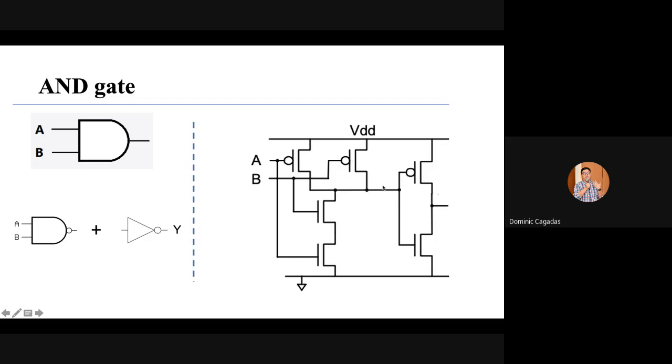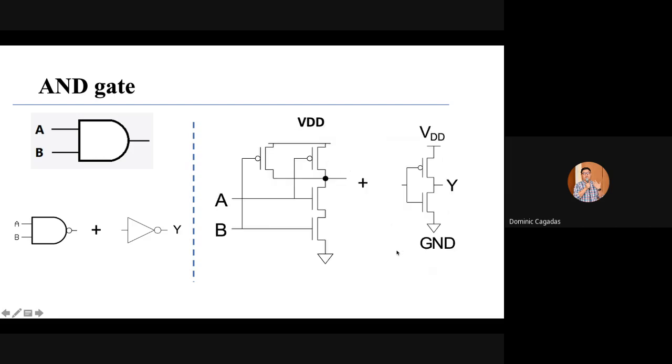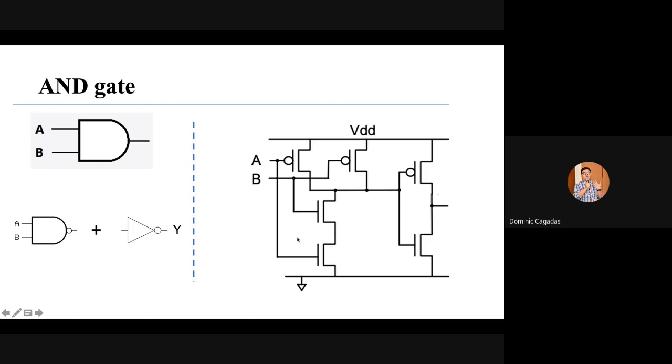And then the output here is connected to the input of your inverter. Again, NAND gate plus inverter. The output of your NAND, you will just directly connect to the input of your inverter. Therefore, this will be your translation of your AND gate.